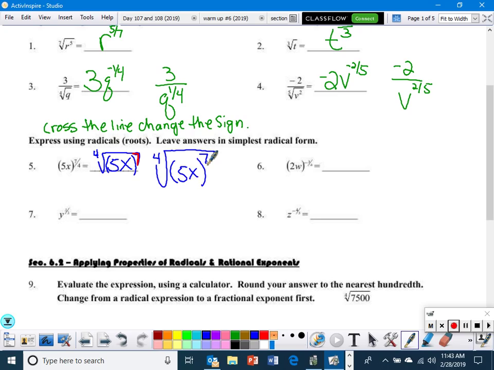Number 6. All right, so we're doing the opposite of what we did in the first part. So we are going to rewrite this, and we're going to first cross the line and change the sign. So I'm going to do a little scratch work first. And remember, the numerator is now a 1. All right, now I'm going to write my final answer using the radical. Here we go.